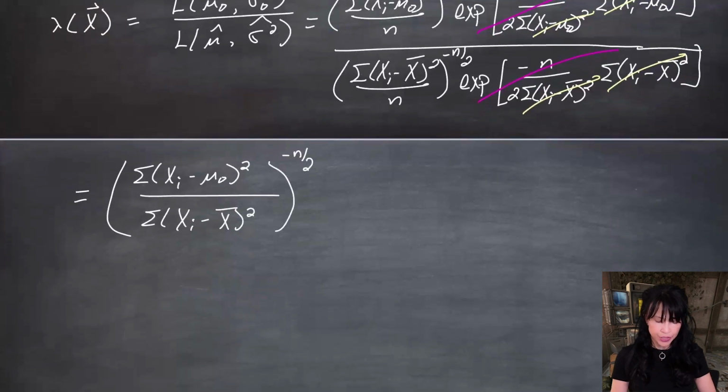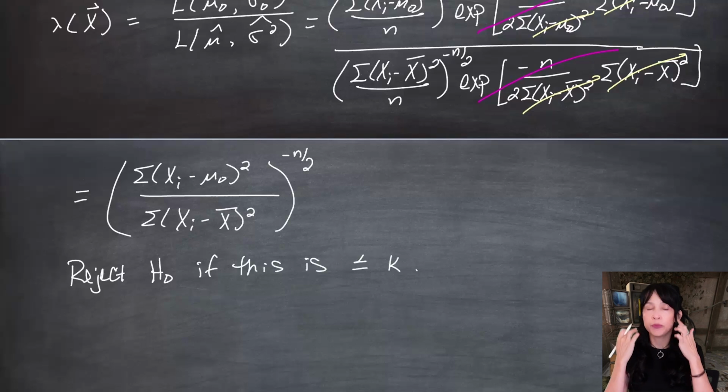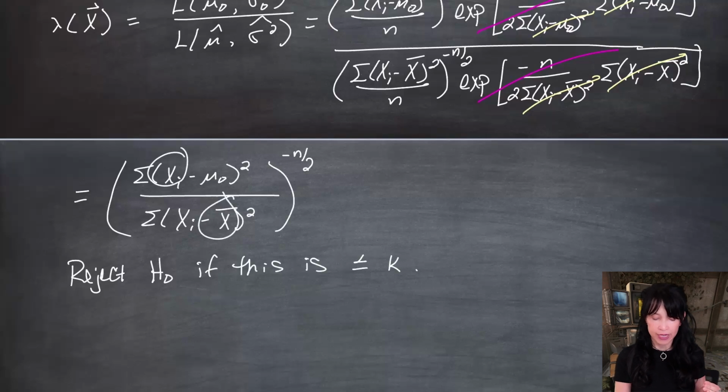Okay, so we want to reject the null hypothesis if this is less than or equal to some k, where k is to be determined. And the x's are here and within squares and within sums, so it's not easy to pull stuff together into a simple statistic.